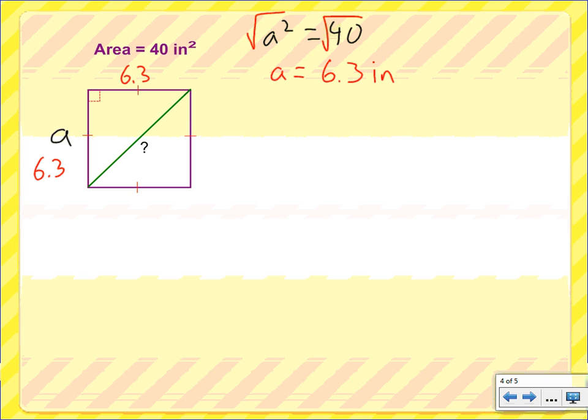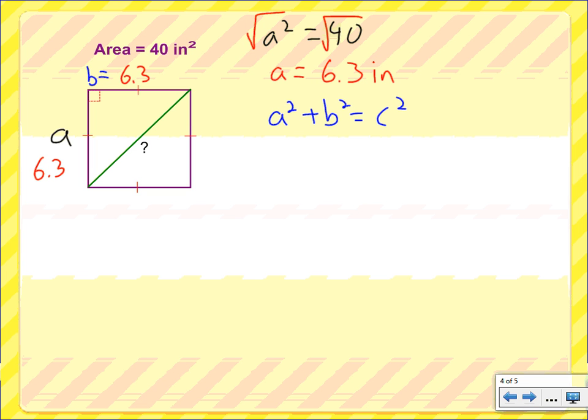And now I can use those two to find the hypotenuse. This side up here is basically our B value. These are our two legs, our 6.3 and 6.3. Now we can plug in the Pythagorean theorem. A squared plus B squared equals C squared.